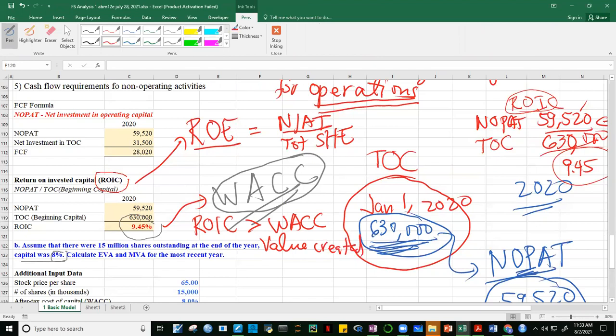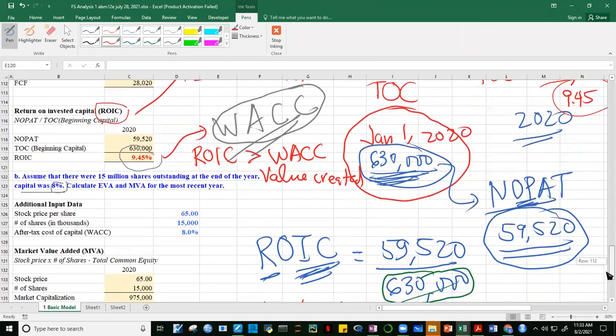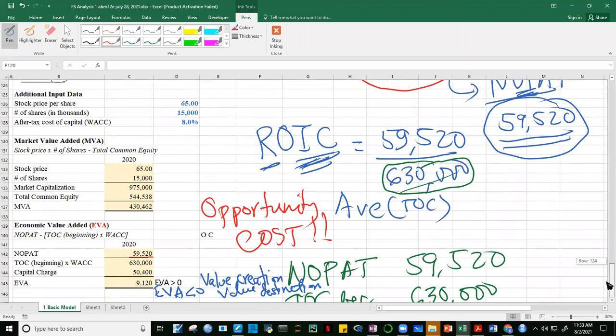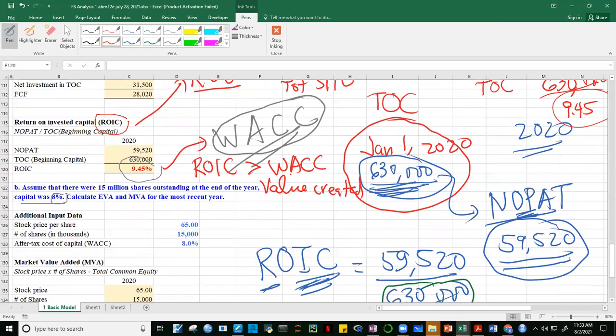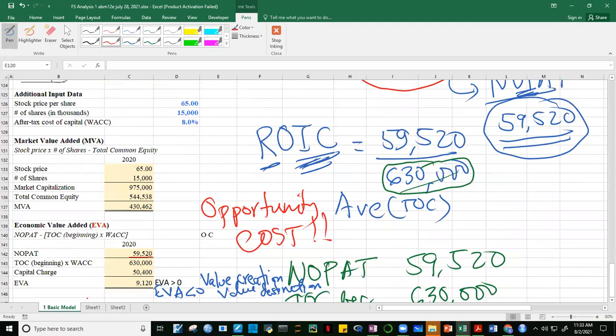Otherwise, guys, kung mas mababa si ROIC, then value is being destroyed. And it will also be reflected in your EVA, economic value added. If ROIC is less than WACC, then you'll notice that EVA will be negative.